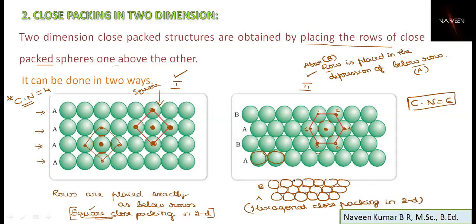Now the placement of the below row and above row: the above rows are placed in the depressions created by the previous row. So in this case, you're going to see this kind of empty spaces, which are formed like this.